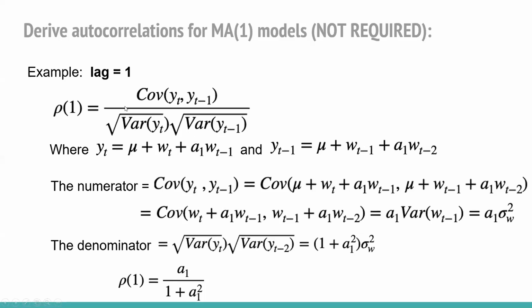I'm looking at the covariation, the relationship between what a particular grocery store makes at two different time periods that are one lag apart. It's just the relationship between the sales on Monday and the sales on Tuesday. And this is it.